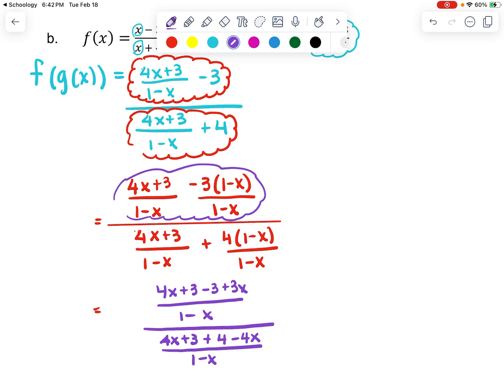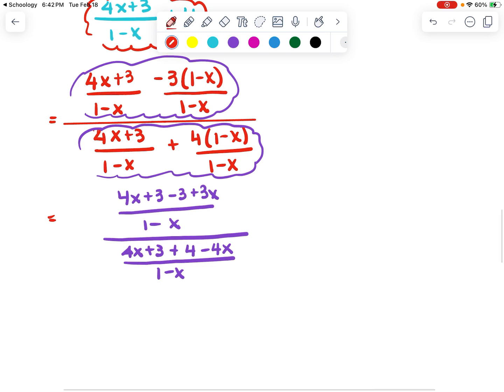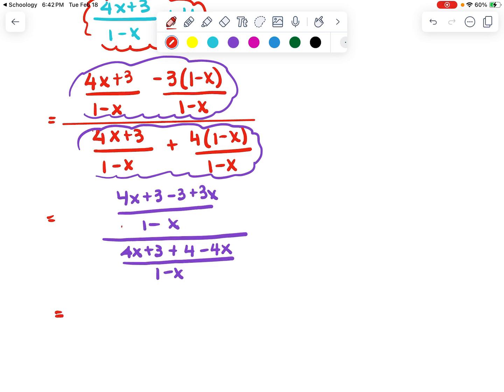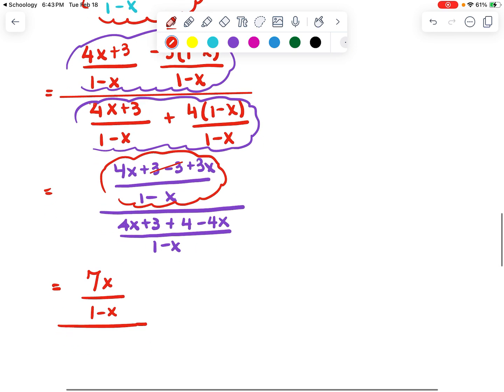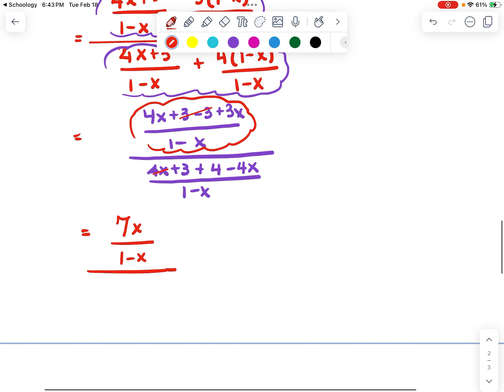That's the bottom part. So I distributed the 4. Up top, these two 3's are gone. So now I have 7x over 1 minus x. And then here, the 4x minus 4x is nothing x. And then I've got 7 over 1 minus x.